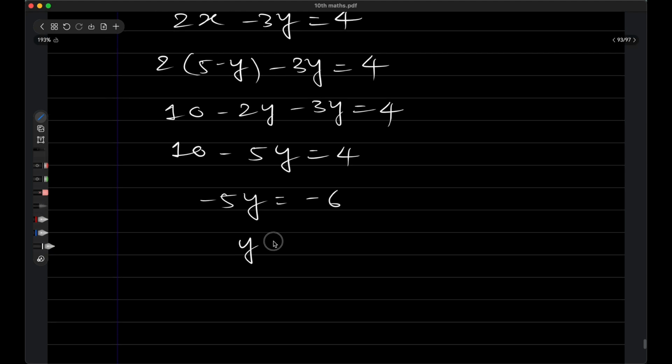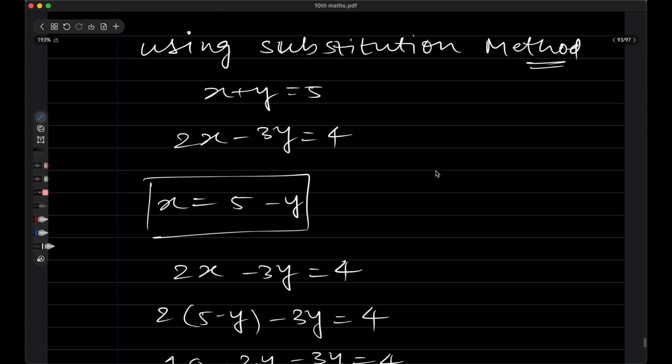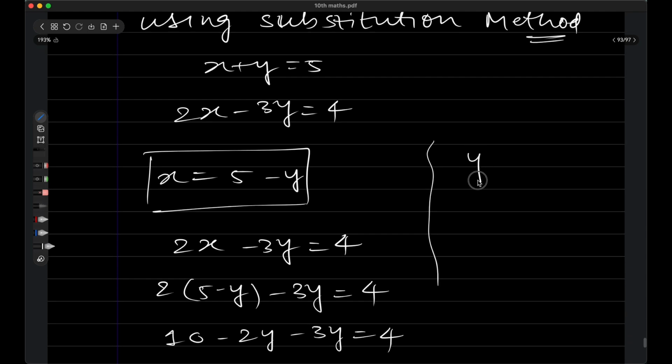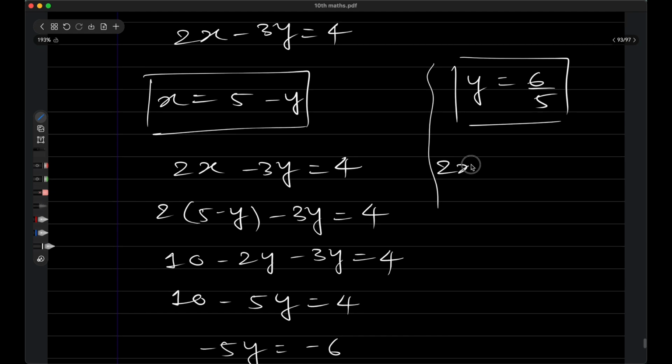y equals minus 6 divided by minus 5, that is equal to 6 divided by 5. Now put the value of y in the other equation. 2x minus 3y equals 4.